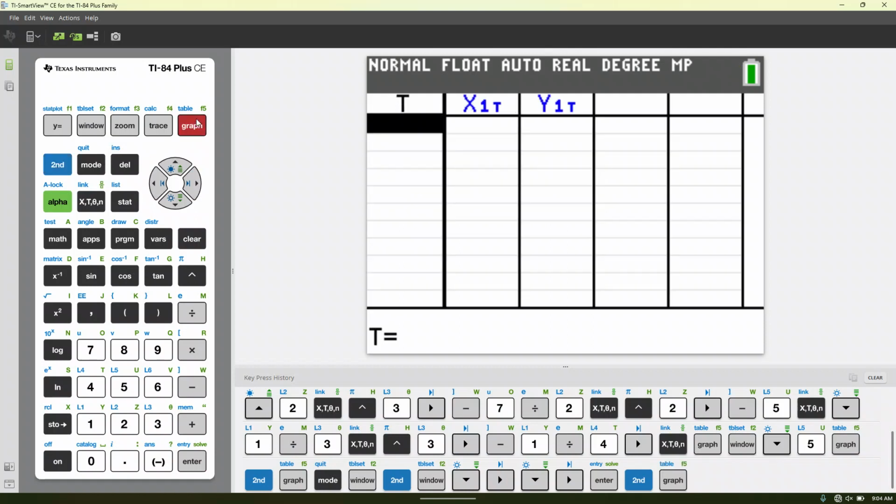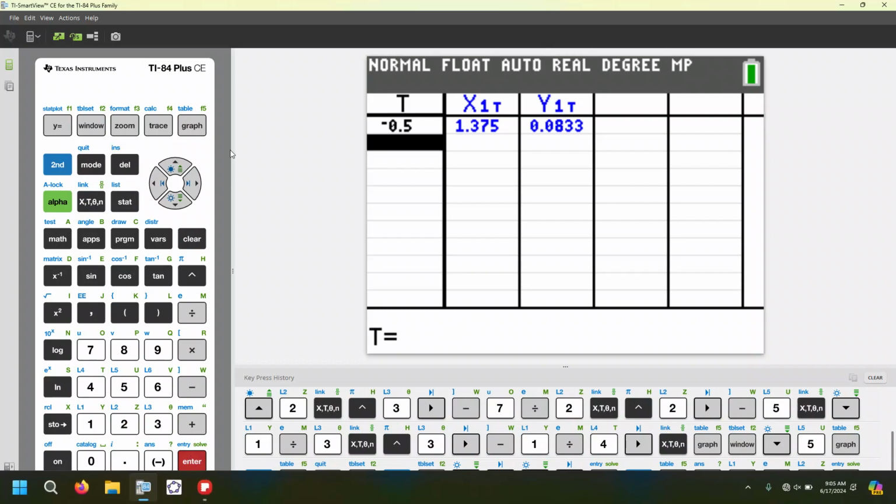Now you input your favorite value of t to evaluate the vector valued function, in this case negative 1/2. Click enter, and that's going to give us this weird ordered pair. Alternatively, just do it by hand on your graphing calculator. Use the frac command to get the point.